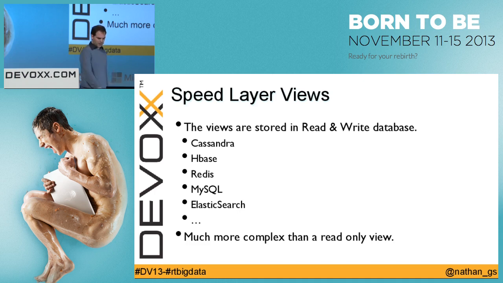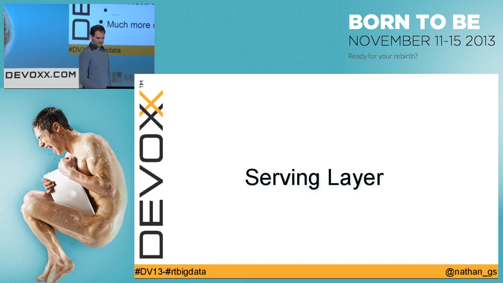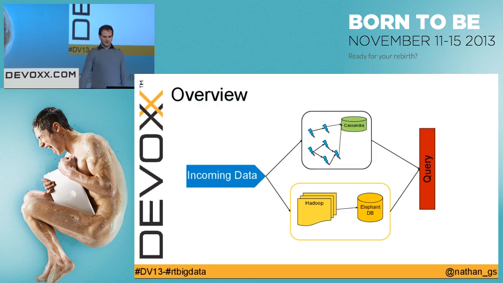Then we have our serving layer. We just generated views in our batch layer, our batch views, and we generated our speed views, and now we need something to combine those.